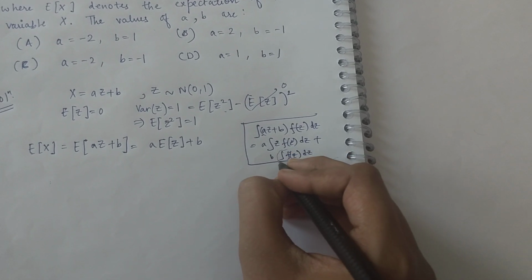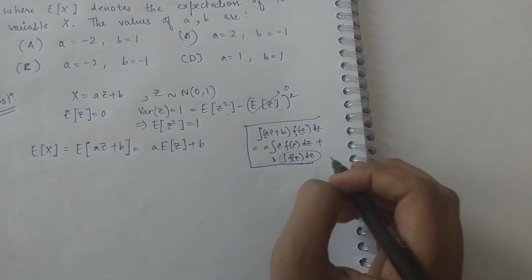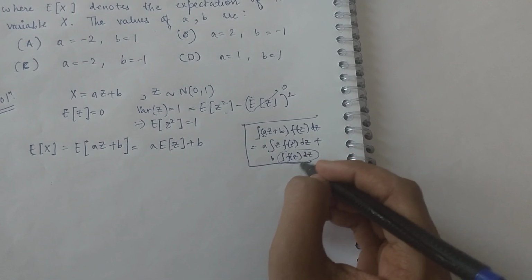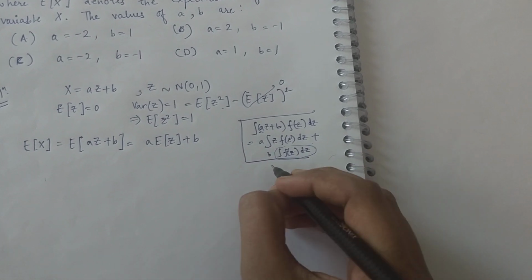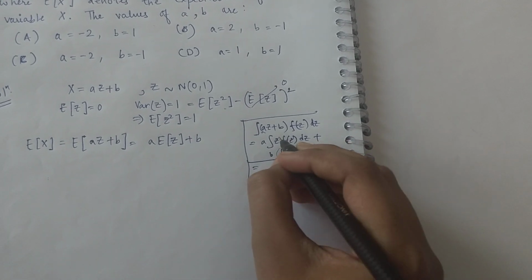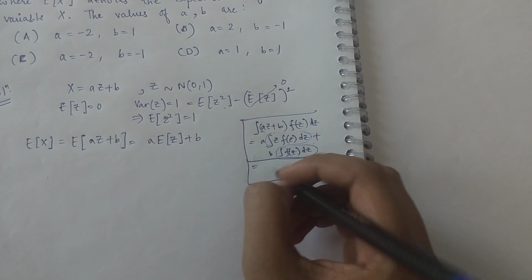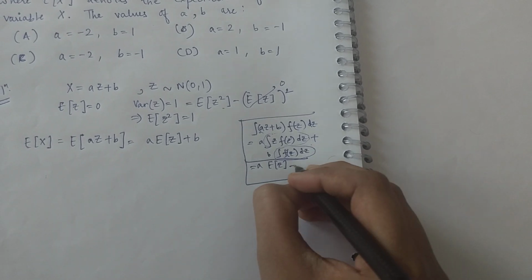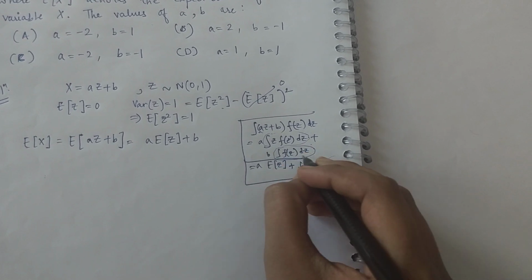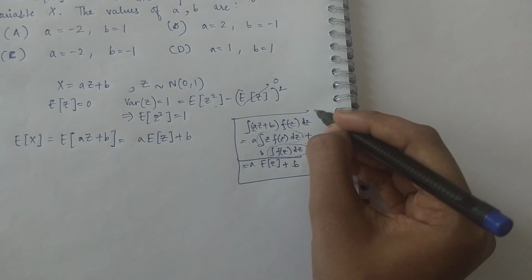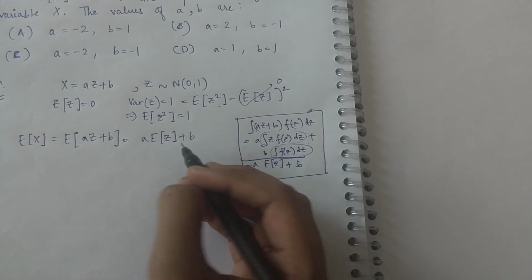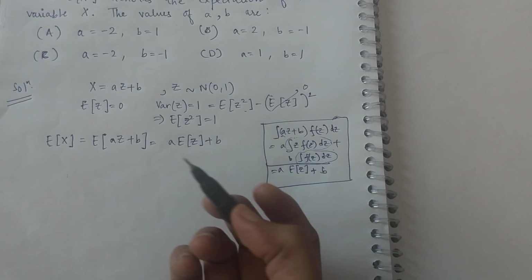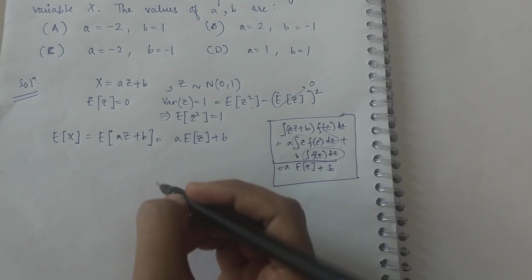Since fz is a pdf, this integration over the domain of z is going to be 1. So we are just left with a times expectation of z plus b. This is just a basic idea of how we can derive this, but it's one of the very basic results, and we should remember it for future purposes.